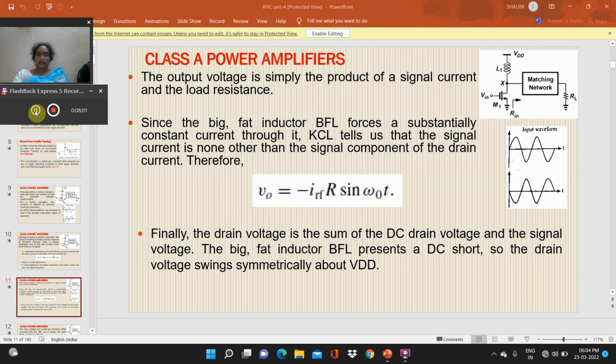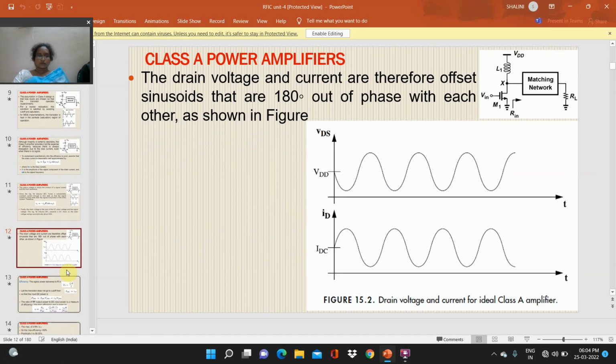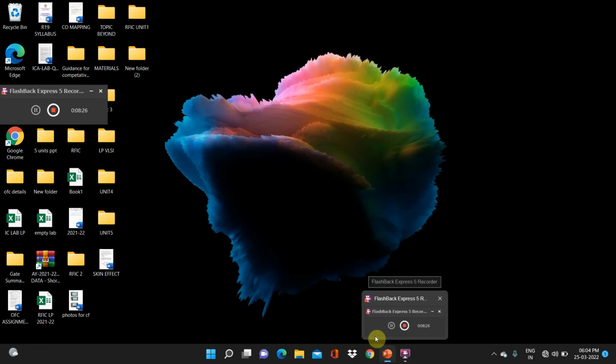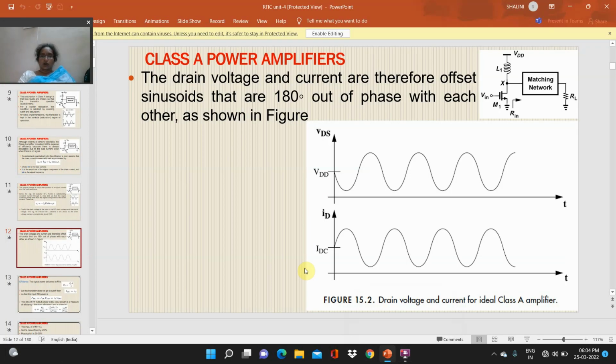The big fat inductor BFL presents a DC short so that the drain voltage swings symmetrically about VDD. The drain voltage and the current are therefore offset sinusoids that are 180 degrees out of phase with each other, as shown in the figure: the drain voltage and current for an ideal class A amplifier.